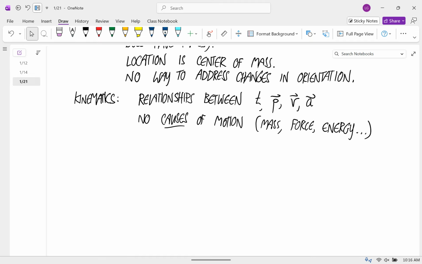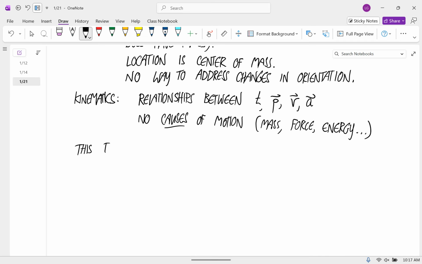Kinetics is the more complicated and the shorter word. Is kinetics related to kinetic energy? Yes, it's related, but it's not a very helpful relationship, I guess, in understanding what's going on.